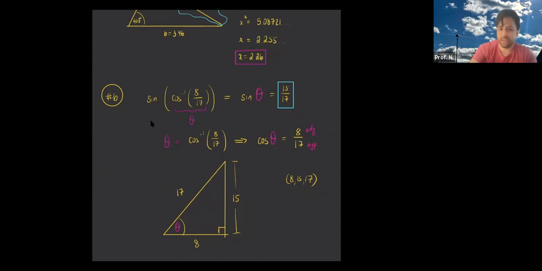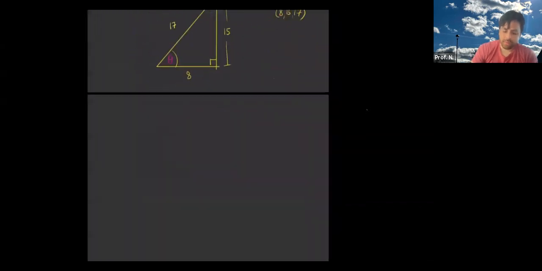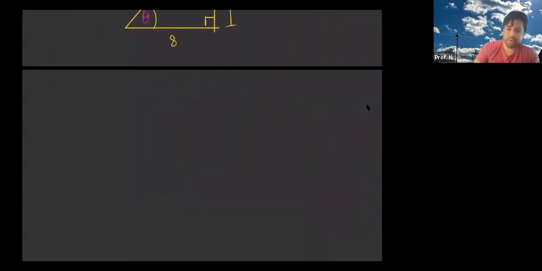We just use the law of cosines. So number 32 was the law of cosines.